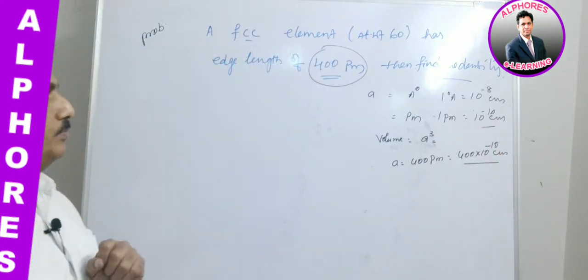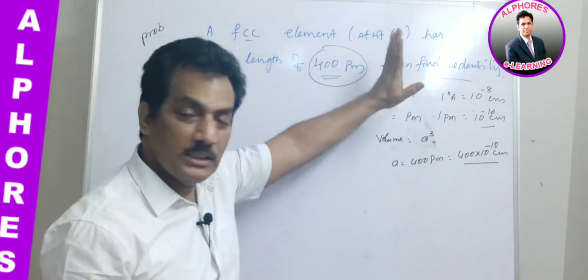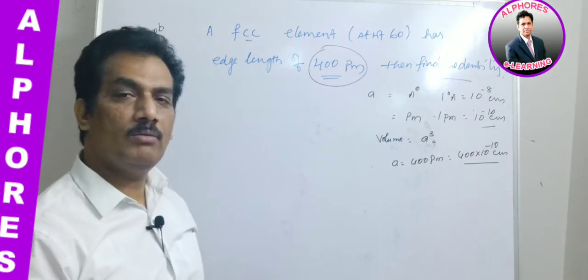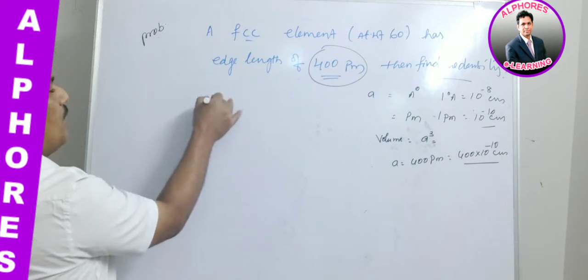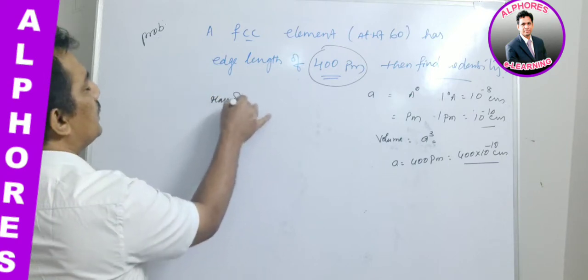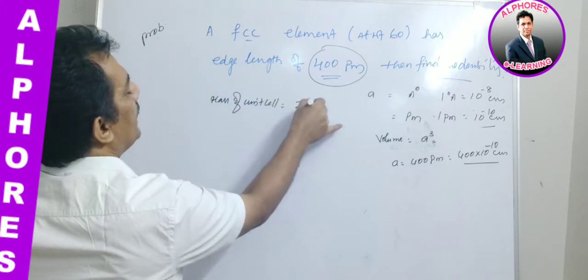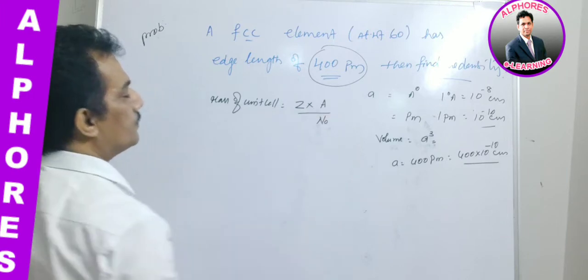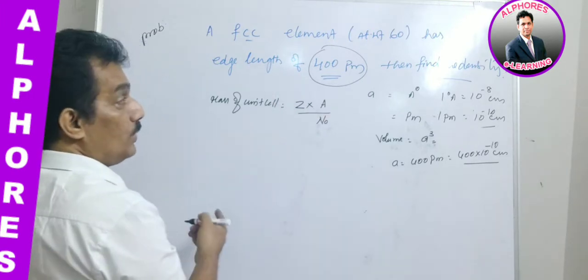That is the volume. The element is FCC and atomic mass is given, and now we have to find the mass of the unit cell. How to find that? The mass of the unit cell is equal to Z into atomic mass by Avogadro number. Now how do we get the Z value?